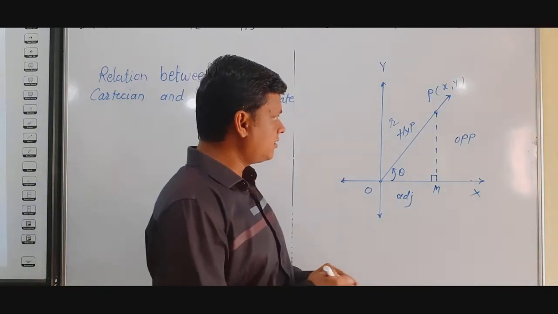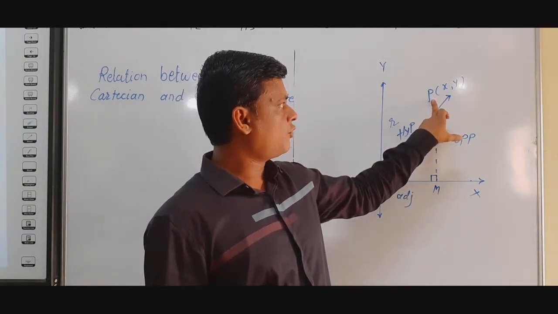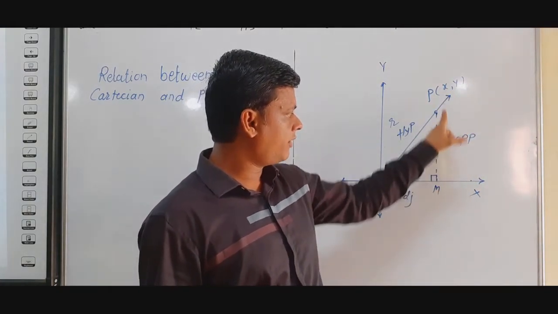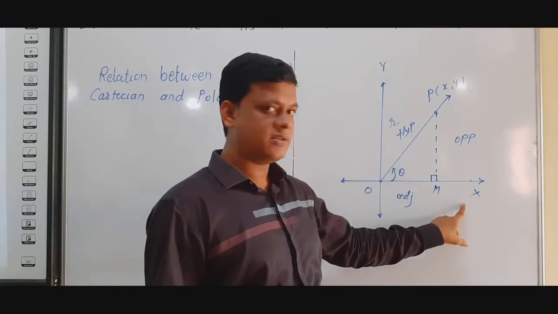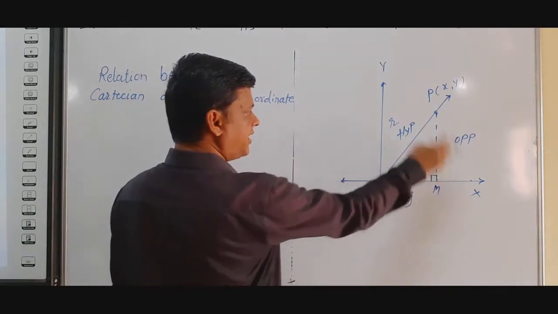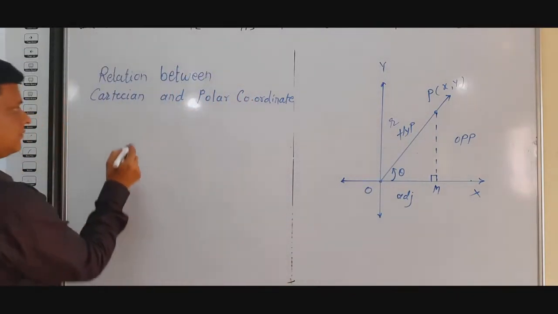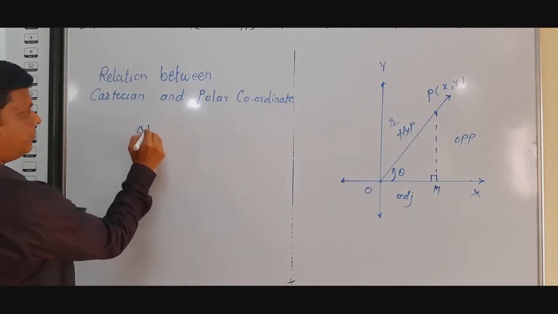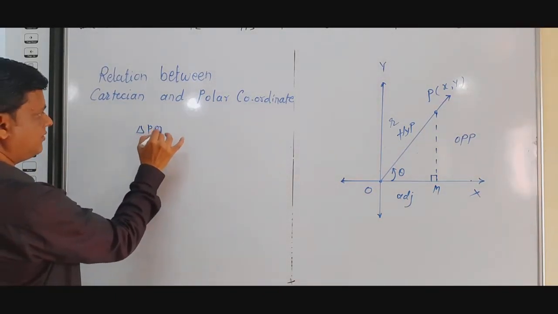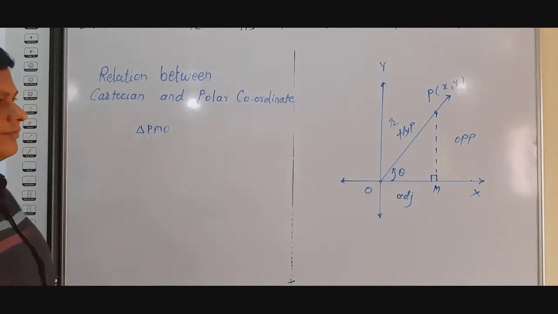So from this, if the coordinates of point P are x, y, then draw a perpendicular PM on this line OX, and if we observe, POM or PMO is a right angle triangle.